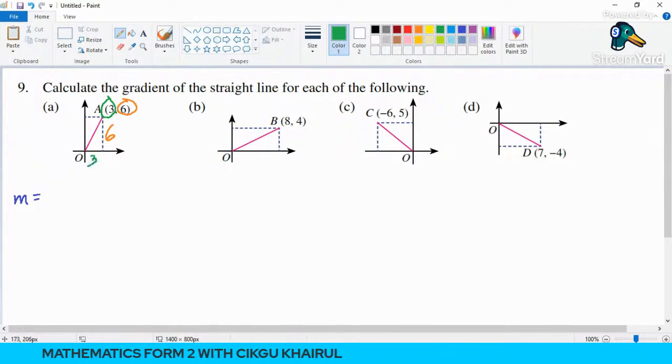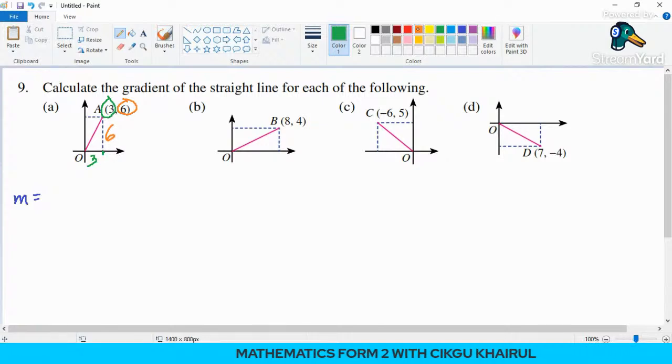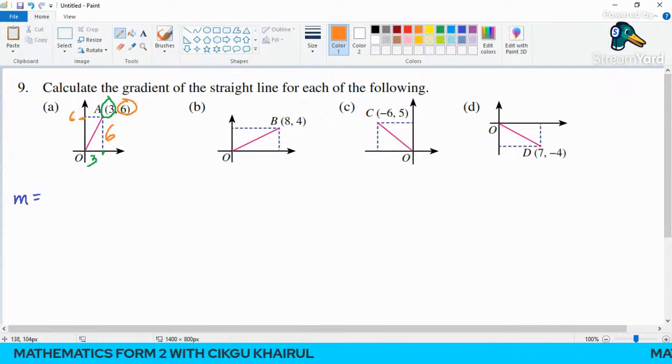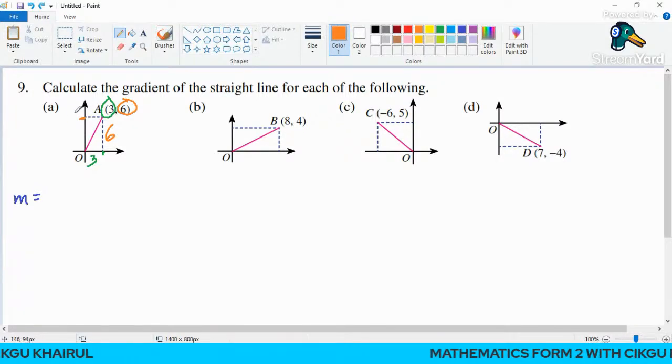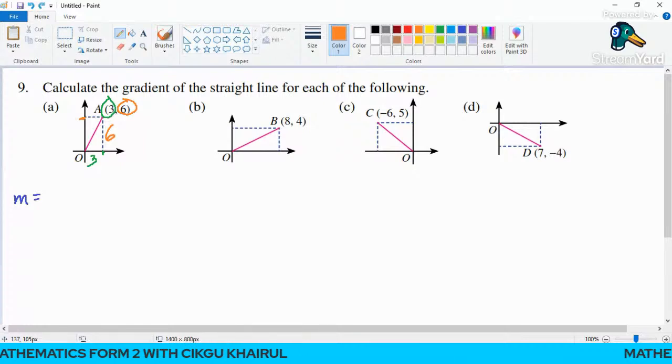This is the horizontal distance. Because 3 is here, this is 3, the green color, and here is 6. So the height is 6 and the horizontal is 3.